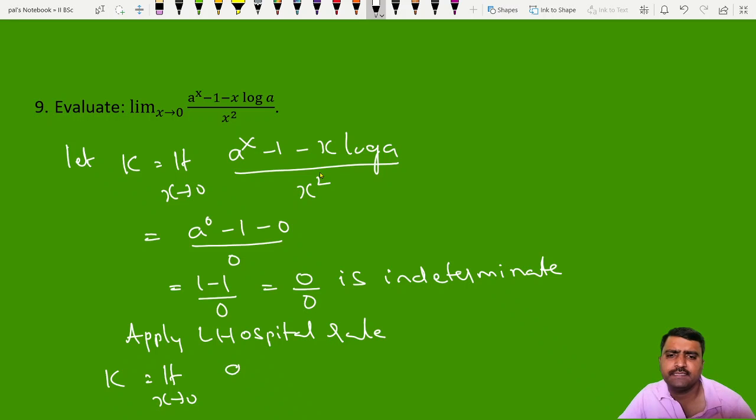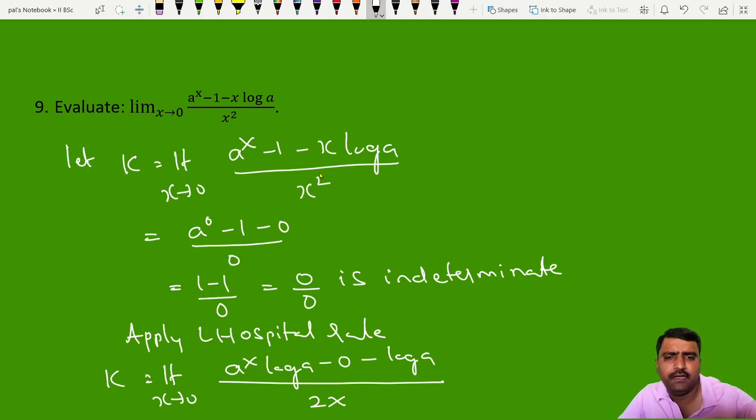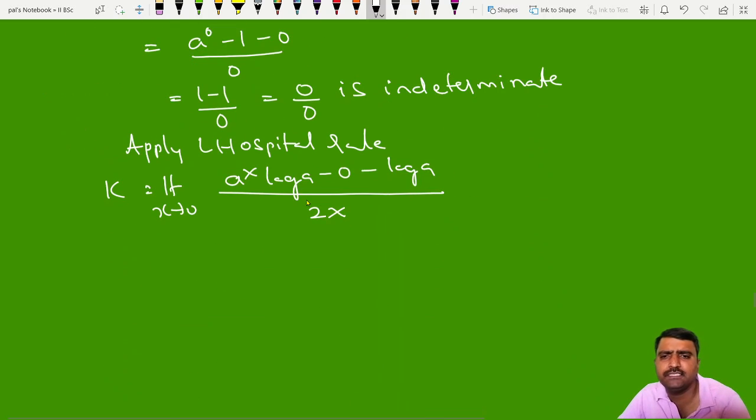Differentiation of a power x is a power x into log a, minus differentiation of 1 is 0, minus differentiation of x is 1, 1 into log a, it is log a, divided by differentiation of x square, which is 2x. After applying L'Hospital rule, just put the limits.